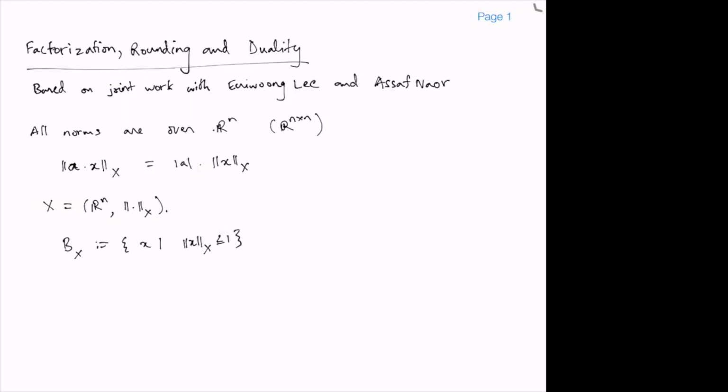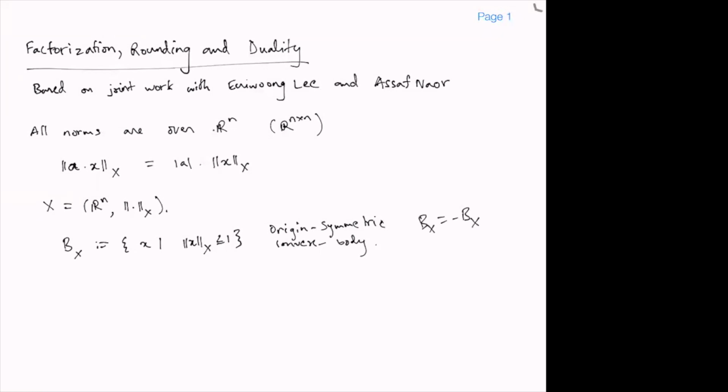Note that B_X is an origin symmetric convex body.